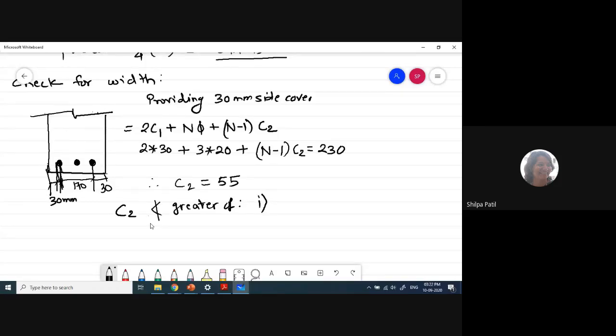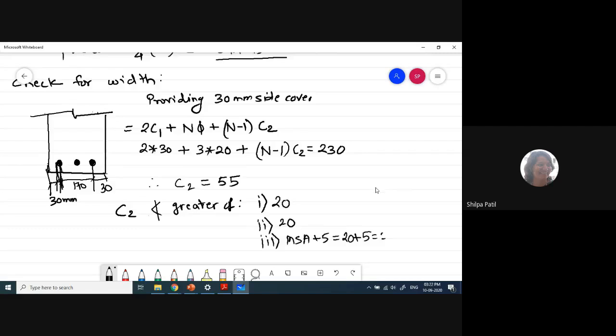Correct? First one is diameter 20. Second one is again 20 we are getting. And third one is maximum size of aggregate plus 5 mm, which is normally considered as 20, maximum size of aggregate plus 5, so 25.